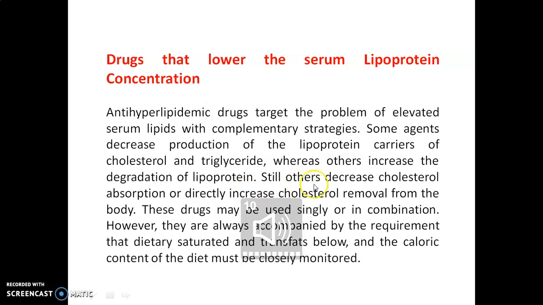Still others decrease cholesterol absorption or directly increase cholesterol removal from the body. These drugs may be used singly or in combination. However, they are always accompanied by the requirement that dietary saturated and trans fats be low and the caloric content of the diet be closely monitored.